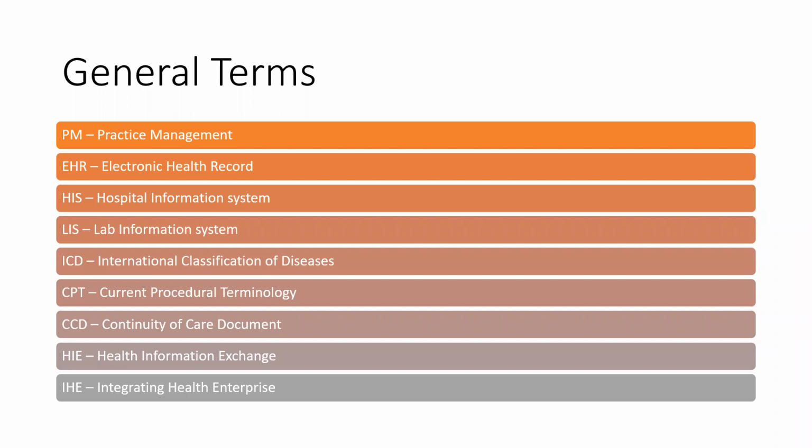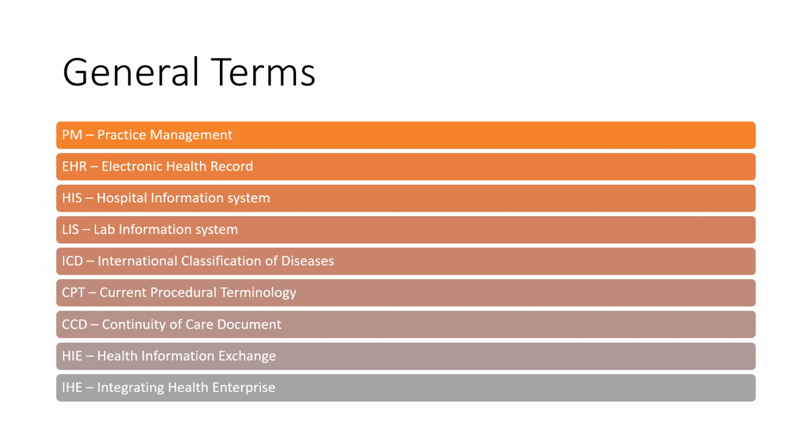Then we have CCD, HIE, and IHE. CCD and IHE are standards alongside HL7 V2 that we are going to see today. We'll talk more about CCDs and IHEs at the end of the training. I will spare one session where we will be talking about the other standards of healthcare that are very much used in today's industry.